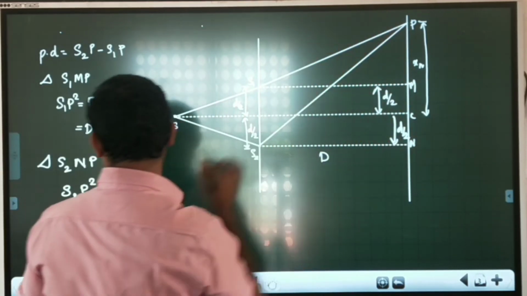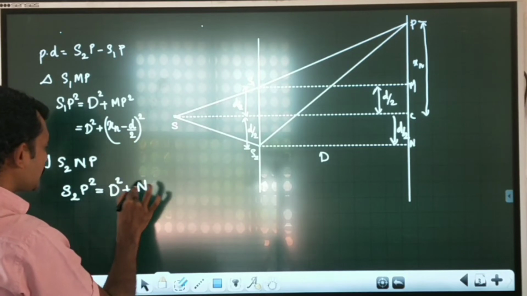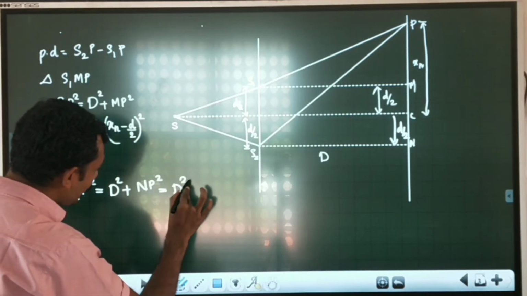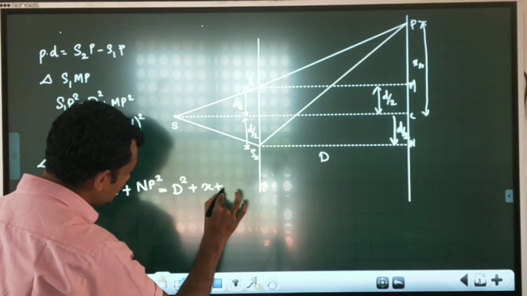So NP square, right? D square plus NP square, that is equal to D square plus xn plus d by 2, the whole square.